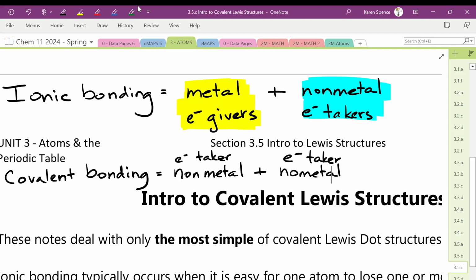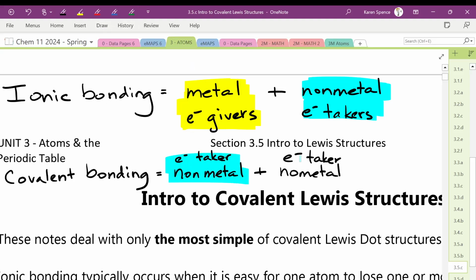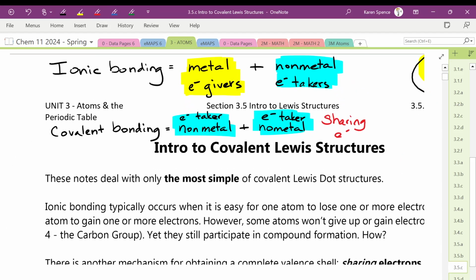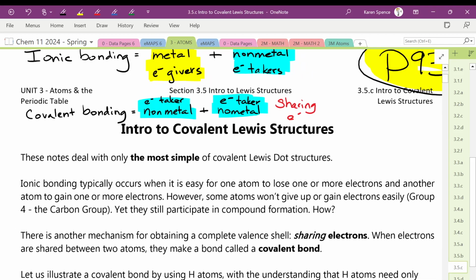So, electron taker, electron taker, they end up sharing electrons. Today, we are dealing with only the most simple of Lewis structures.